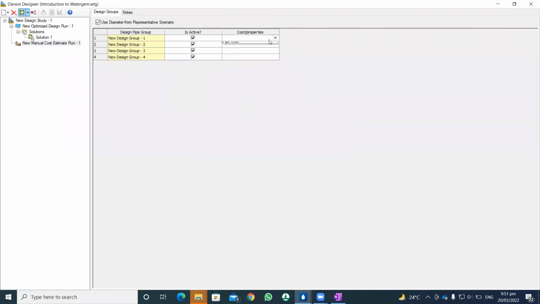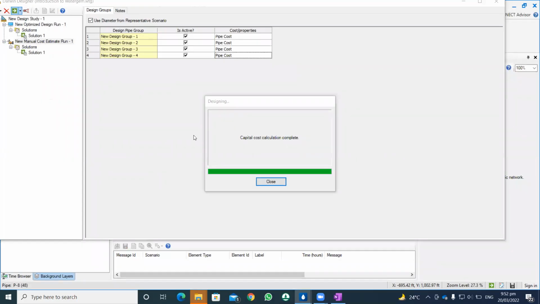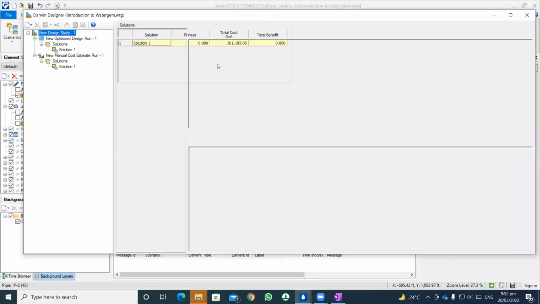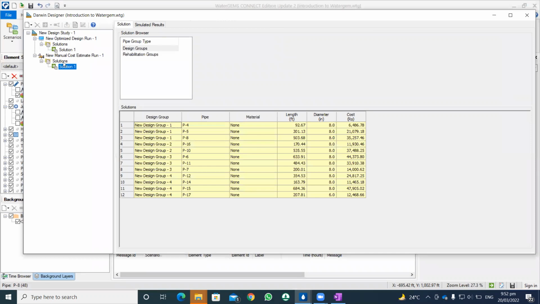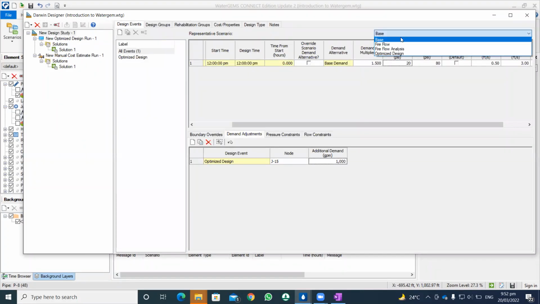Okay, run that scenario. This will give me a solution, based on that specific base scenario. It gives me the cost of that scenario, and the length of pipe involved in that scenario. If you want to calculate for the fire flow and power flow analysis, you can do that as well.